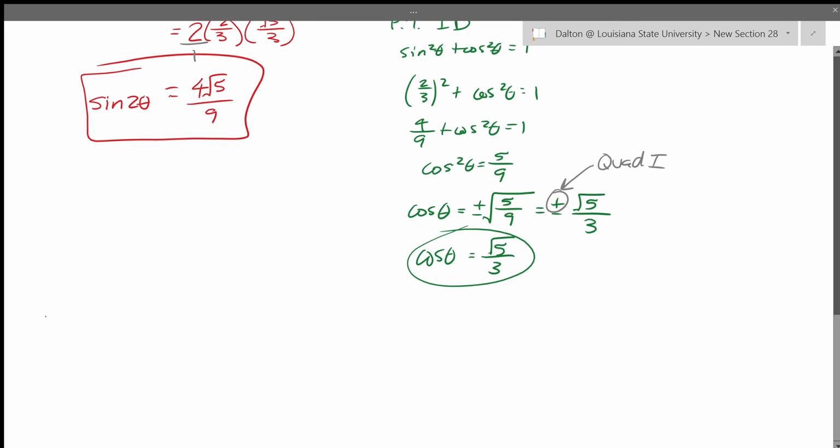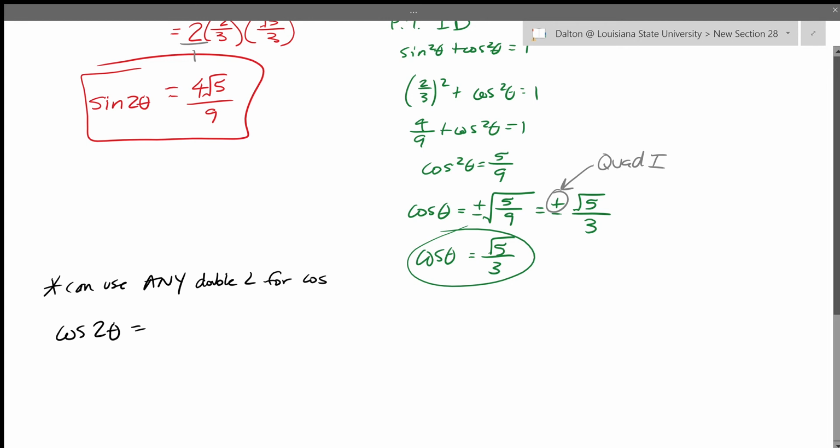Okay, next example. Well, this is the same example, so I guess I shouldn't rewrite that word. It's just the second part. We found the double angle for sine, but next we need to find the cosine of 2 theta. Now, you have choices, right? You can use any double angle formula for cosine, and it's just your preference as to which one you want to use.